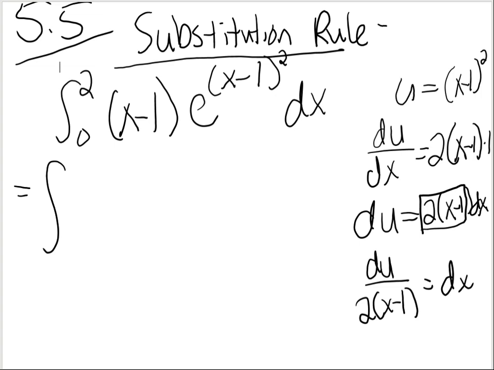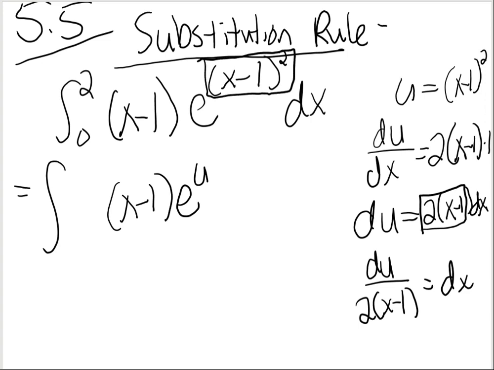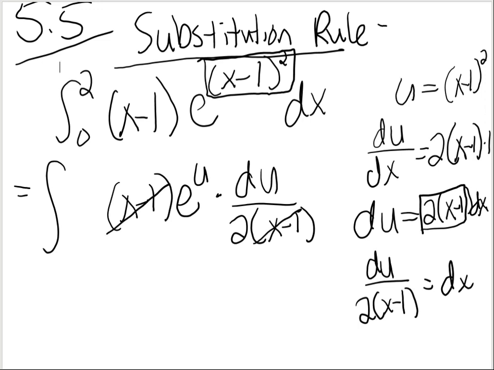It will be x minus 1 e to the u, right, because that's why I chose that particular change of variables, times du over 2 times x minus 1. These cancel. And we still have our limits of integration. All I do is I plug these numbers into my change of variables. 0 minus 1 quantity squared is 1. 2 minus 1 quantity squared is 1.